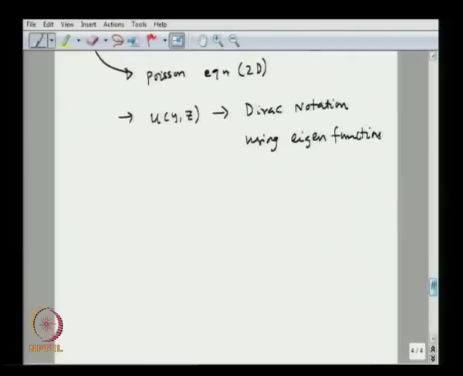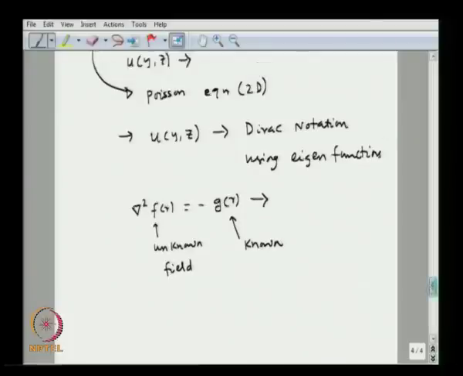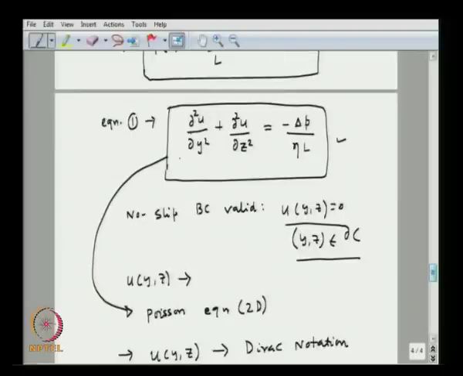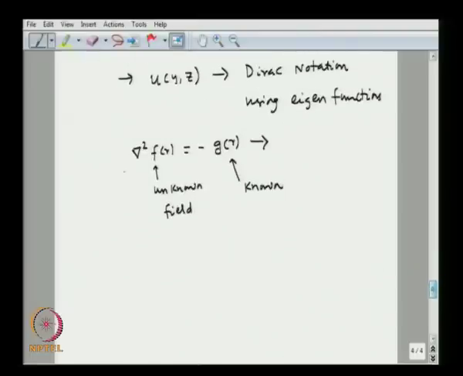So, in a general sense, if you have a Poisson equation which looks like this, del square f of r equal to minus g of r, okay, where f is an unknown field, okay, and g is known, right. This equation is similar to the Poisson equation that we see here. So, f is unknown and the right hand side is known. Okay. So, here we can obtain a solution using eigenfunctions which looks something like this.